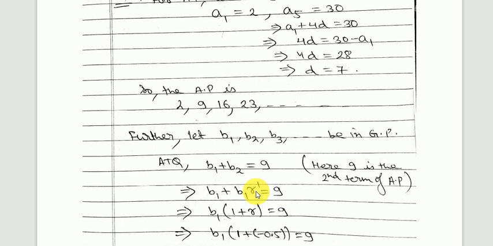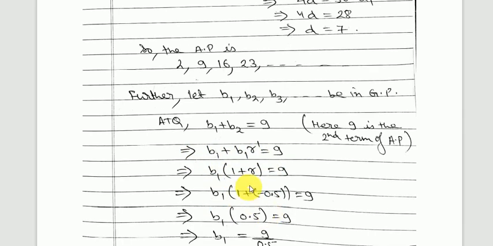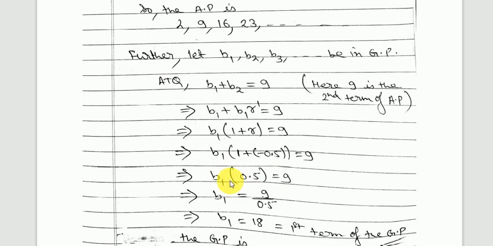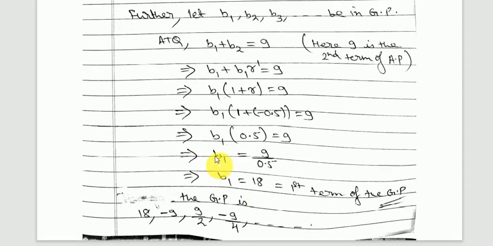Here B1 is common, so B1 is taken out. And R, you know, is minus half, so you just put in place of R minus 0.5. Then you get 1 minus 0.5, that is 0.5. Now simplify, you get B1 equal to 9 upon 0.5, which implies B1 is equal to 18.